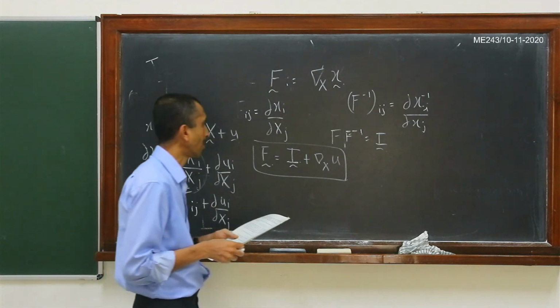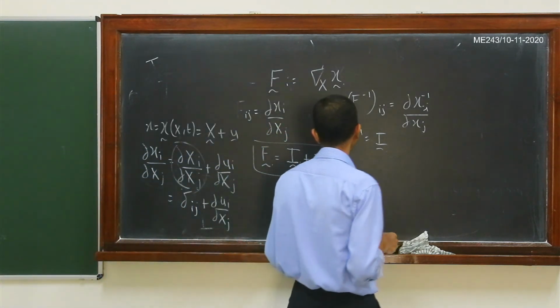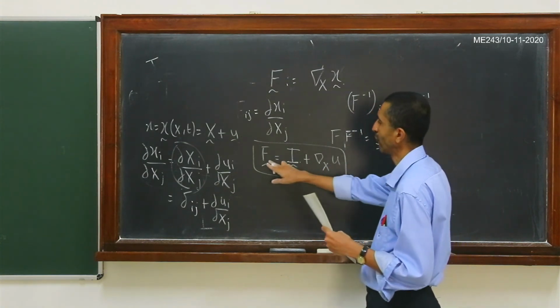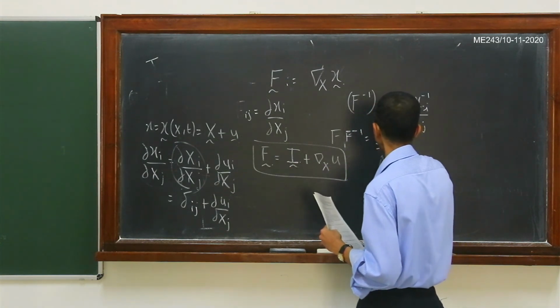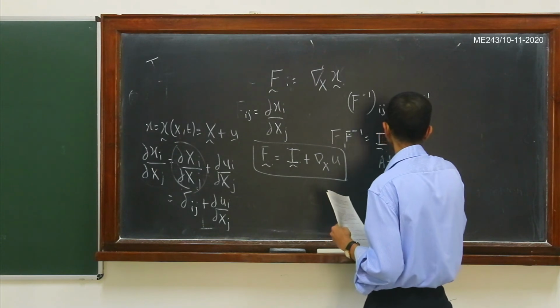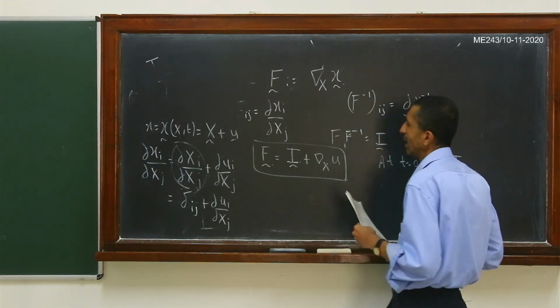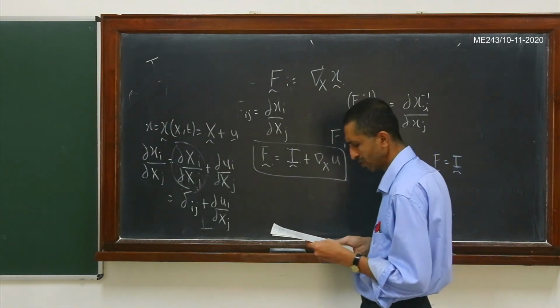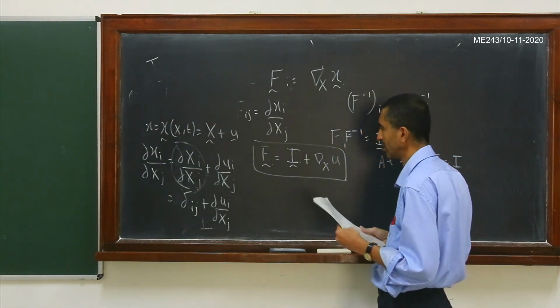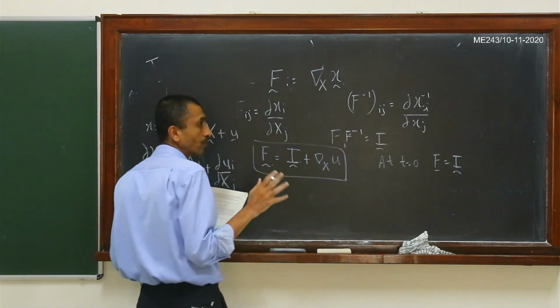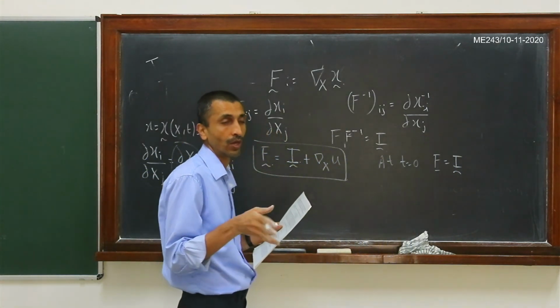I have already seen that at time t equal to 0, your displacement itself is 0, so F will be equal to identity. It is also possible to decompose this F into RU; we have already seen the polar decomposition.